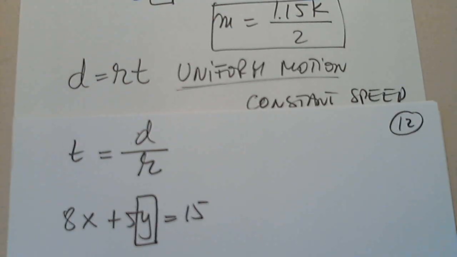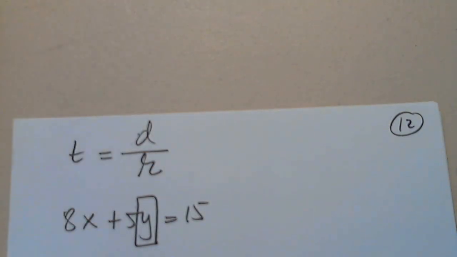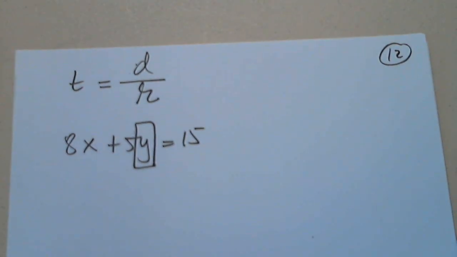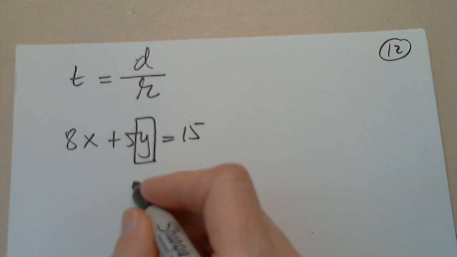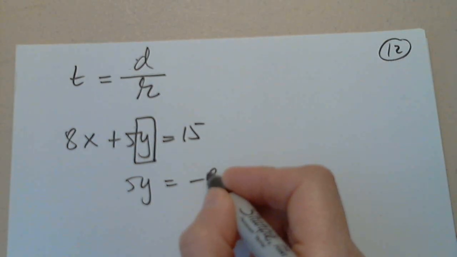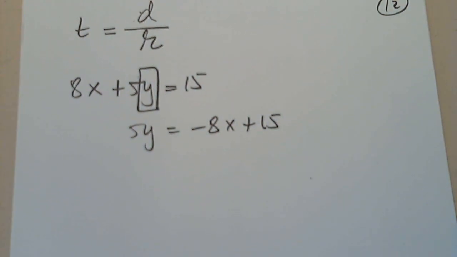What would be the very first step? Do not write anything to the sides. Remember, this is one equation. Put x on the other side. The term with x. So then, 5y equals negative 8x plus 15. Perfect. That is indeed the first step.